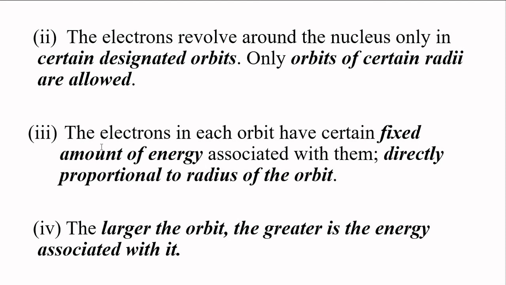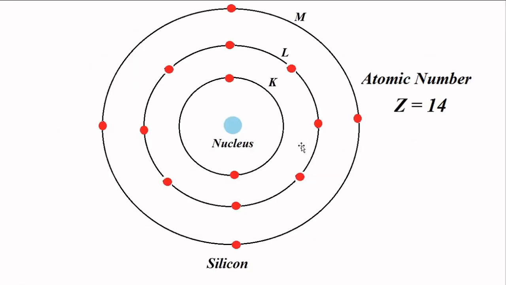And the larger the orbit, the greater is the energy associated with it. It is obvious because the energy associated with the orbit is directly proportional to its radius, so the orbit number. So as we go away from the nucleus, the electron energy in those orbits goes on increasing.